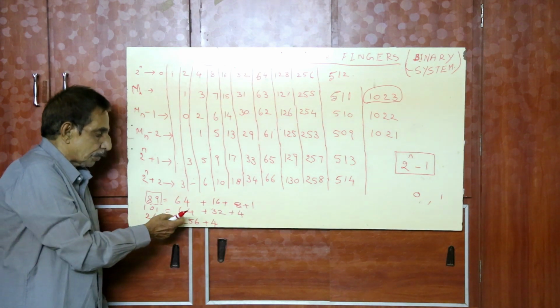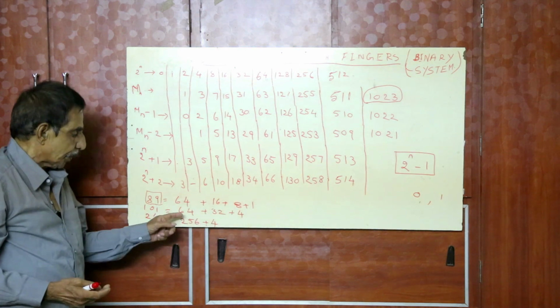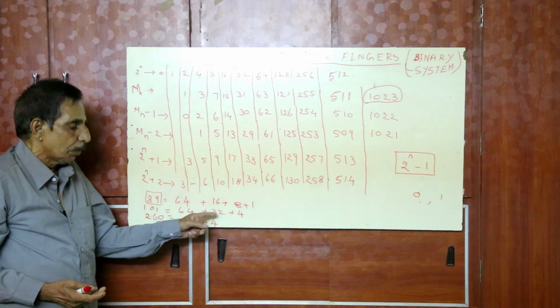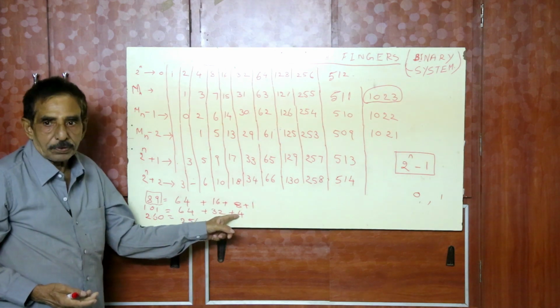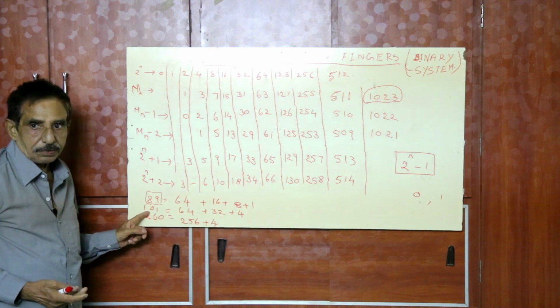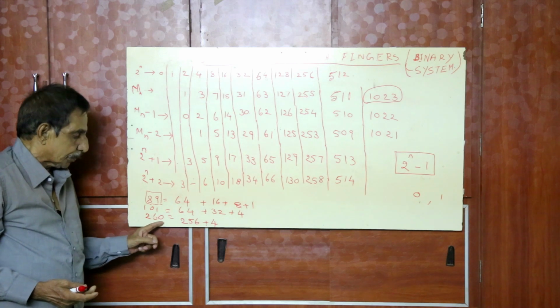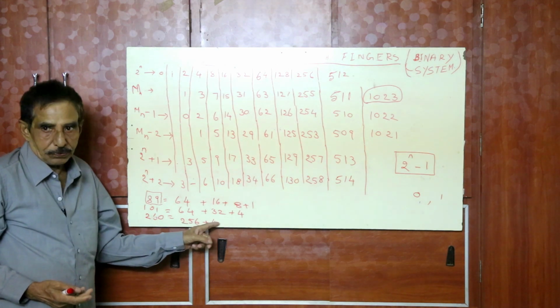101 means 64 plus 32 plus 4. You open the fingers which represent 64, which represents 32 and which represents 4. These three fingers if you open, that represents 101. This is 260. 260 can be written as 256 plus 4.